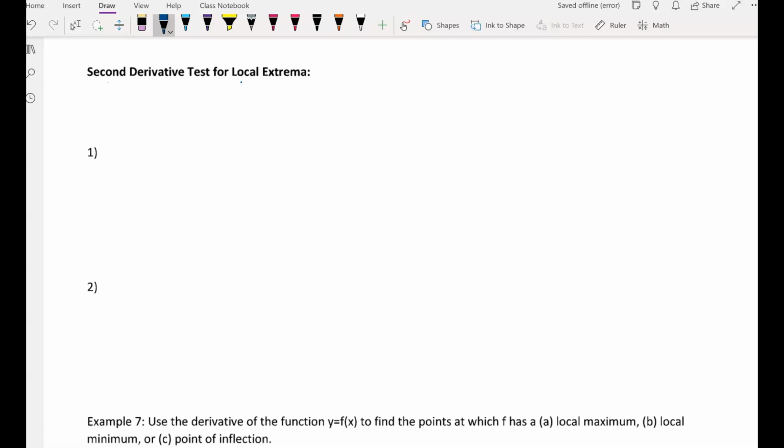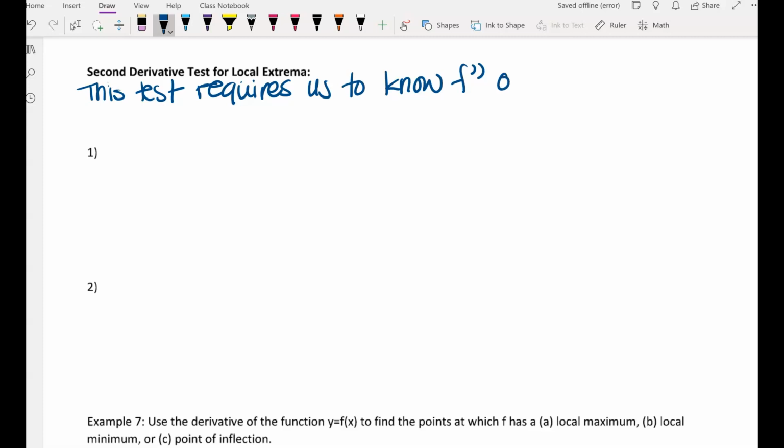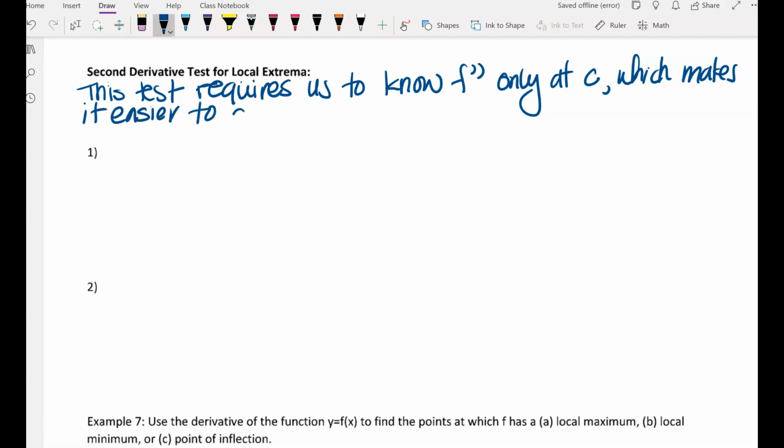All right, guys, so sometimes we can even use the second derivative to find local min and local max. Are you guys ready? This test has limitation though, so listen up. This test requires us to know f prime prime only at c, which makes it easier to apply.